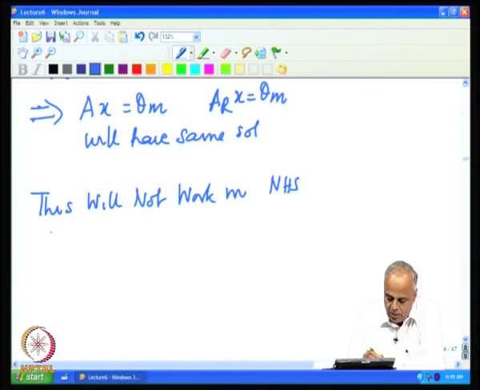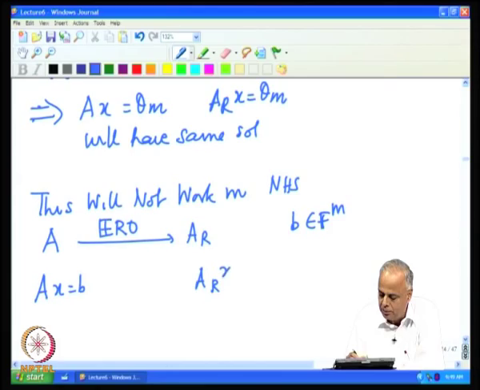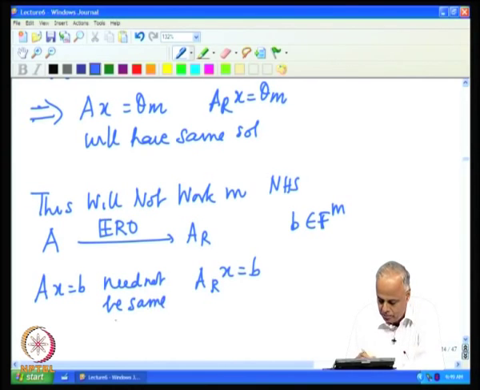Suppose I go from A to AR by elementary row operations, and I add a B in the right hand side, then I look at AX equal to B and ARX equal to B. The two non-homogeneous systems need not have the same solutions.